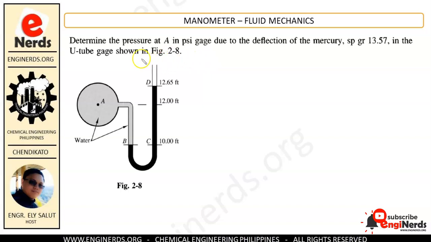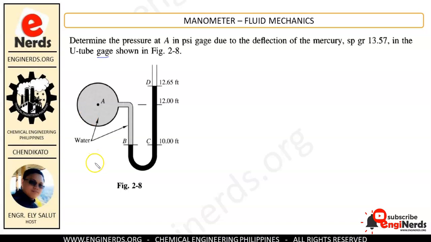Take note that what we are asked to find and the given are in gauge pressure. So therefore, our manometer reading is already in gauge, so we don't have to consider the atmospheric pressure. Okay, so again, like what we did in the previous problem, what can we do in order to get the pressure in A?